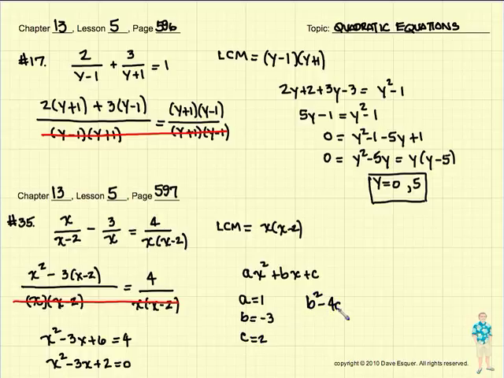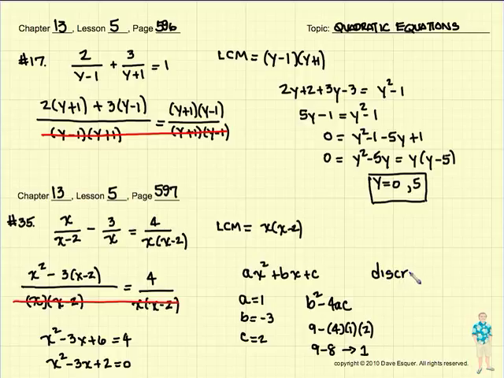And all we got to do is play with b squared minus 4ac to see what kind of sign we're going to have, either positive, 0, or negative. So this looks like a 9 minus 4 times a 1 times a 2, which gives us a 9 minus 8, which gives us a 1.